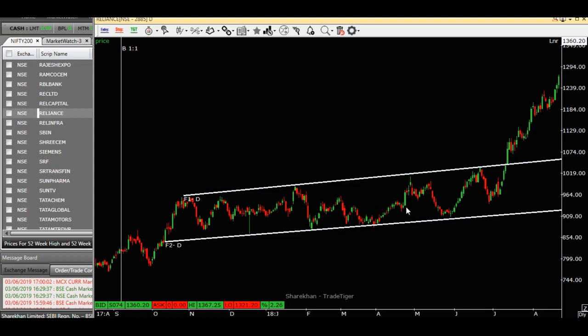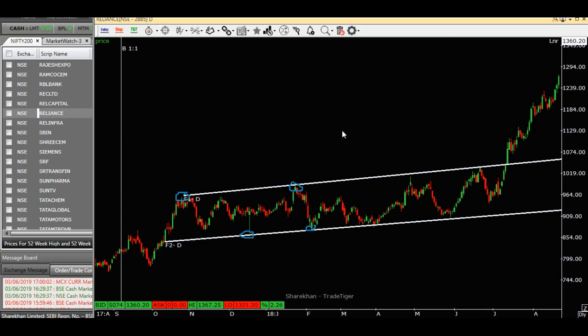So if you guys can see how I'm connecting these, right? Here's the first swing high, here's the second swing high. So I can pull this trend line and stretch it forward. And then I have this swing low and this swing low. So I have two swing lows and I can stretch this line going forward. Okay, so just look at the number of opportunities that this pattern gave us, right?